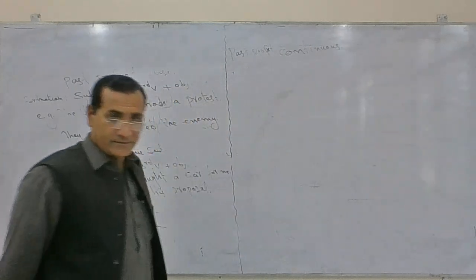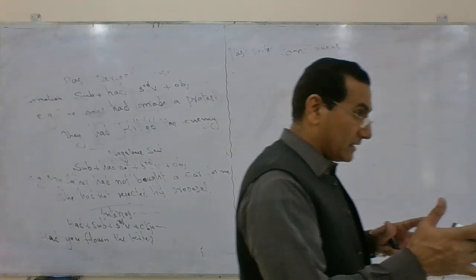So in perfect tense, you are using the third form of the verb, clear? And in continuous tense, you are using the ing form of the verb. So when they are both together, perfect and continuous, there is an addition that we will be using: be, B-E. And after we write be, we will be allowed to write the ing form of the verb.